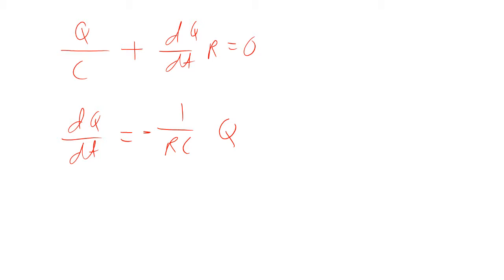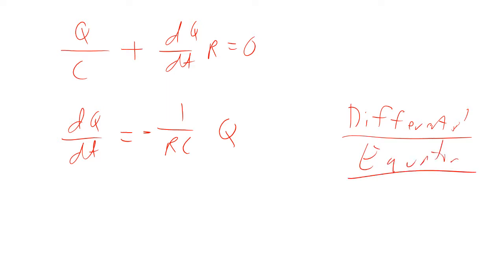Now, I want to solve this equation. This is a differential equation. Now, how do you solve a differential equation? Well, what you do is you do lucky guessing. You ignore this part right here at first, and you say, what can I think of where if I take a derivative, I get what I started with?